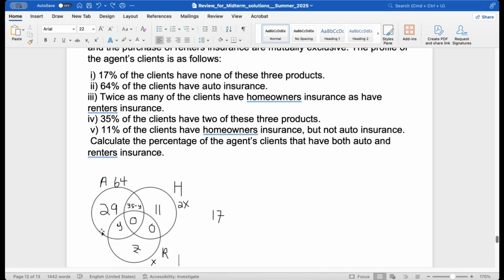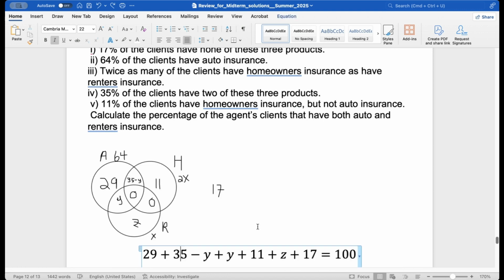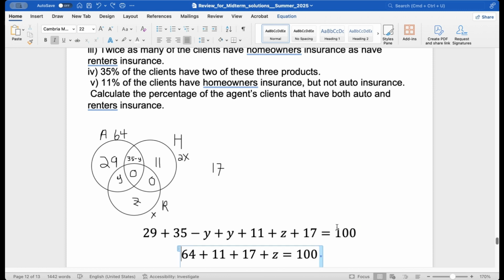So that's the 64 plus 11 plus Z plus 17 has to equal 100. Writing that a little bit slower, each section, 29, 35 minus Y, Y, 11, Z, 17, that has to add up to 100%. The Y's are going to cancel out here, and we'll get Z. So the Y's cancel out.